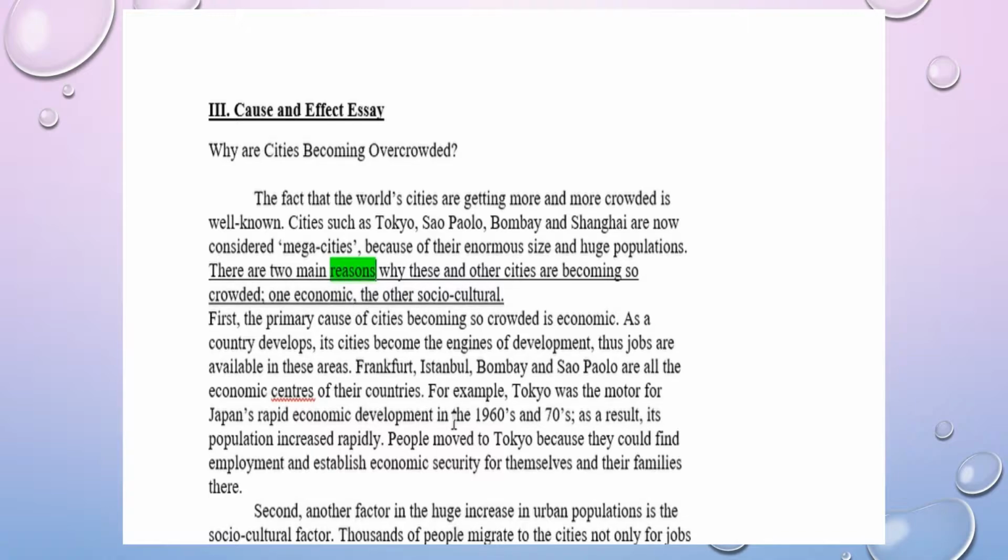Remember, these clue words will be found in the thesis statement or in the main idea of a paragraph or essay. You find the main idea, and it gives you the clue word to what type of reading you have. Words like reasons, factors, causes, effects, leads to indicate the cause and effect essay.